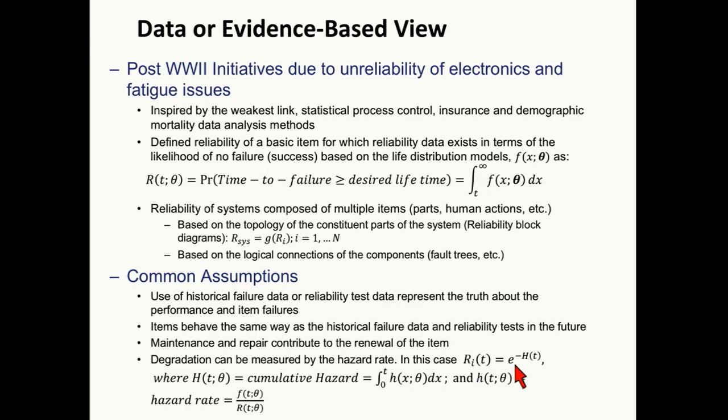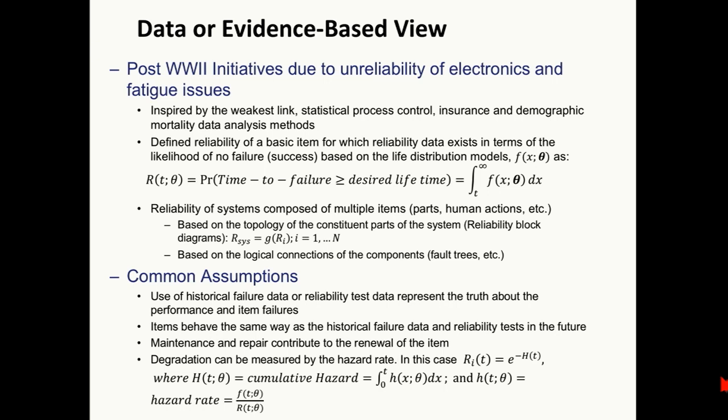So in this equation that you see right here, reliability is described as the exponential of the negative of what we call the cumulative hazard. The cumulative hazard is the integration of what we call a hazard rate, where the hazard rate is essentially the probability of failure over a period of time divided by that time.